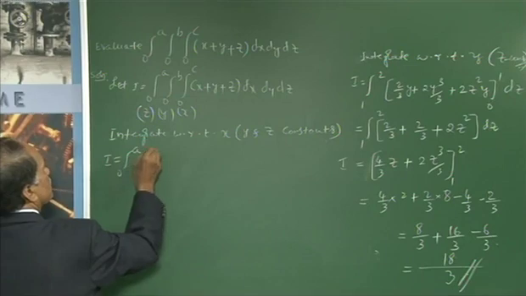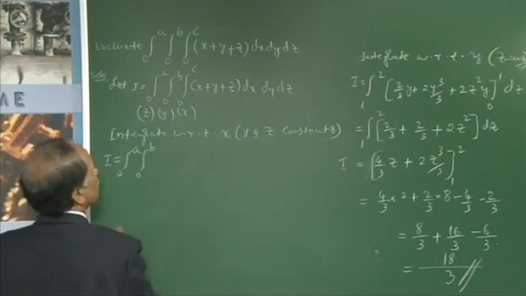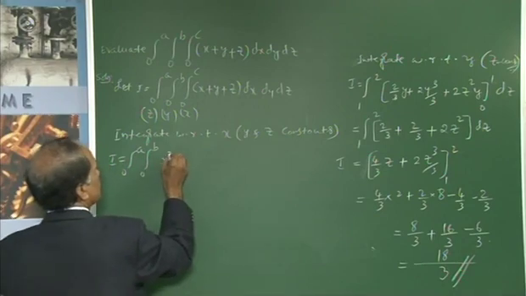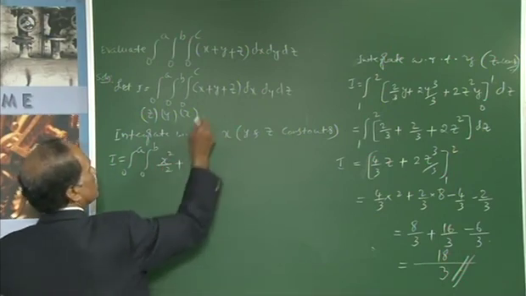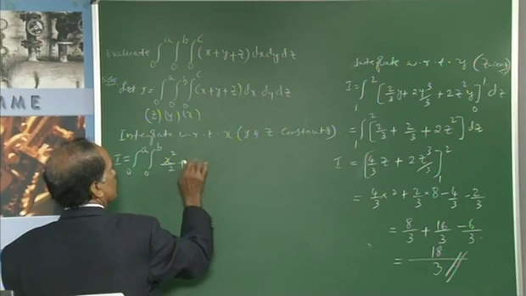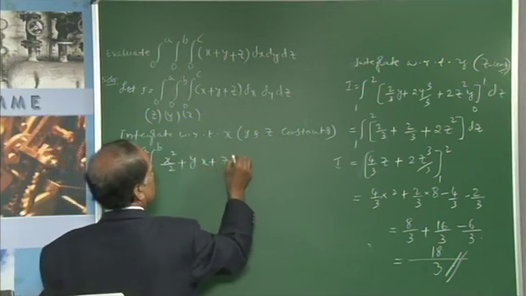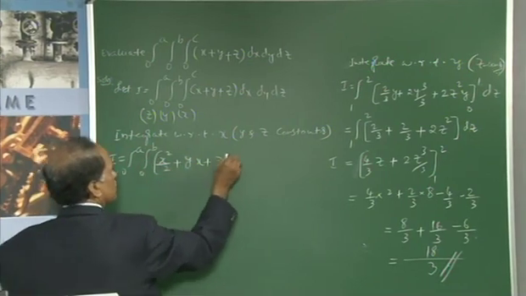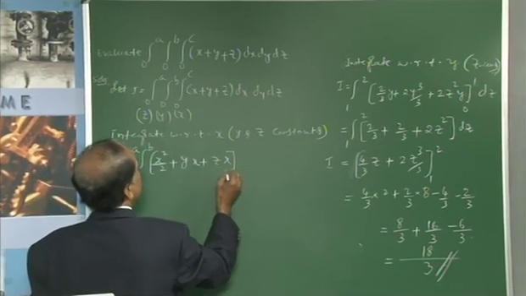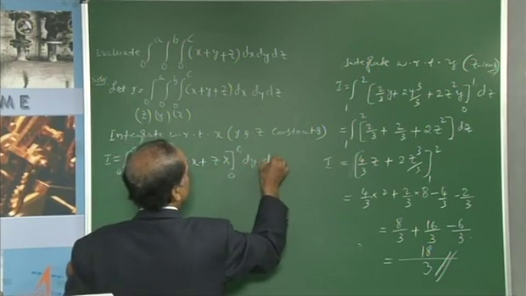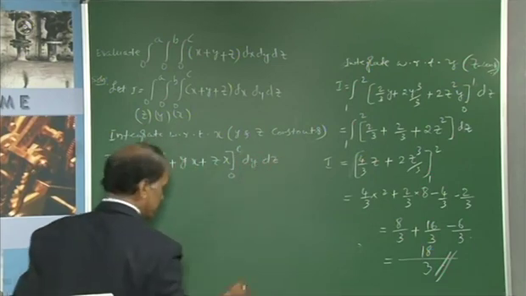0 to a, 0 to b, then with respect to x should be x squared by 2, and y, which is constant, x you will put, and z is constant, x you will put. This quantity will be defined between 0 to c, dy and dz.